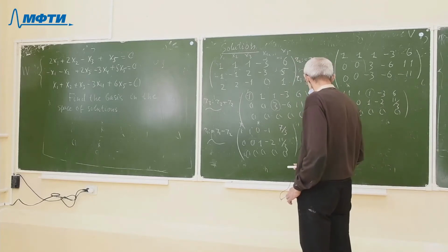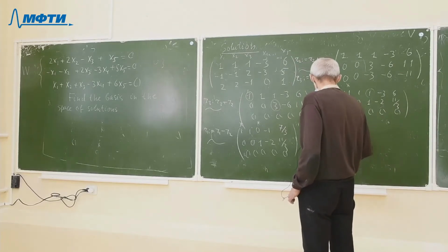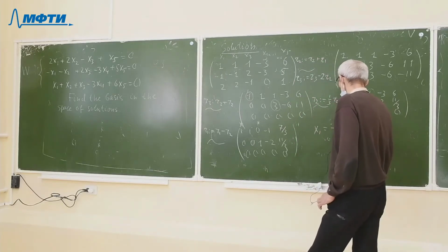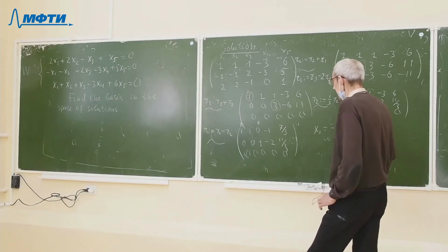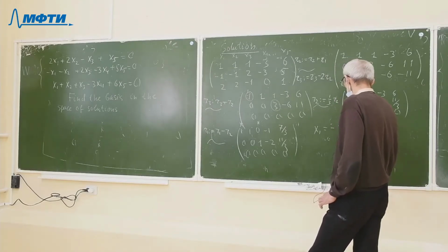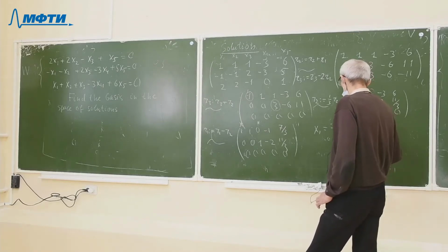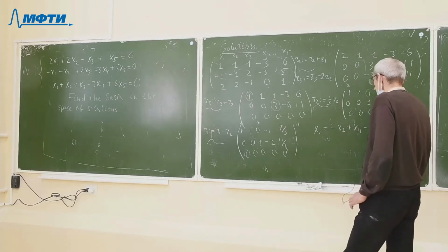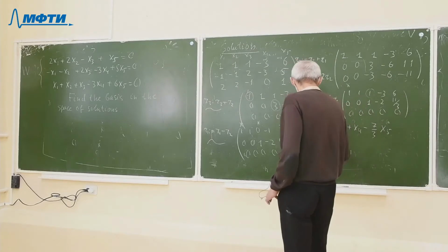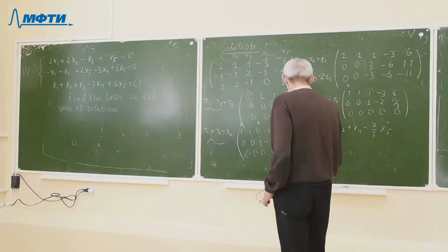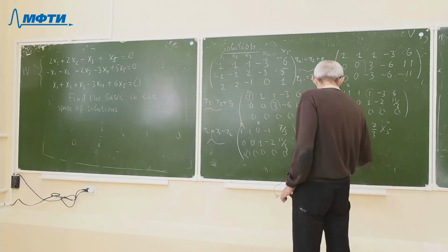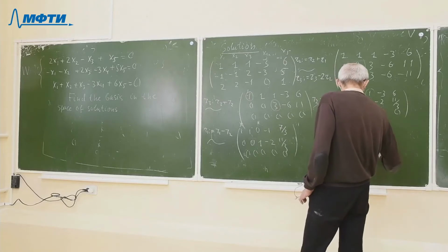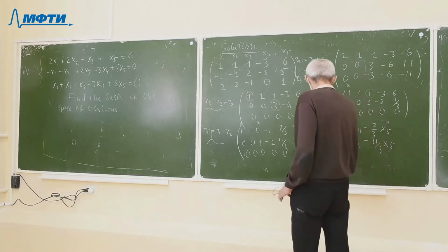And I have the following solution: x1 is equal to minus x2 plus x4 minus 7/3 times x5. x3 is equal to x4 minus the ratio 11/3 times x5.